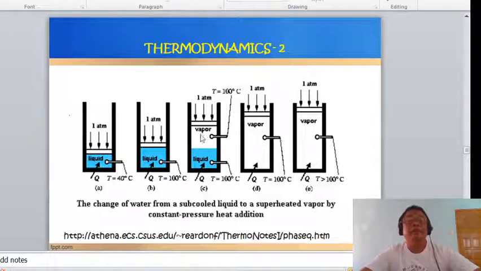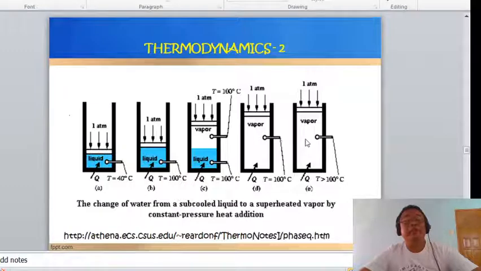Then converting the liquid here to a complete vapor, take note, class, that the volume is greater as compared to the previous one. Again, the pressure inside the cylinder is 1 atmosphere also, but the temperature is again at 100.